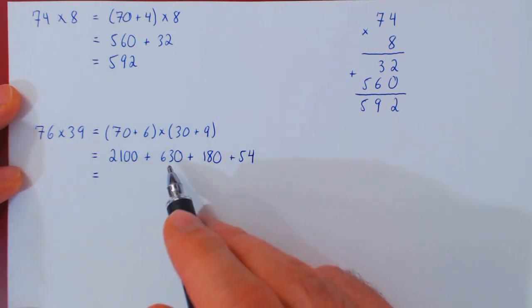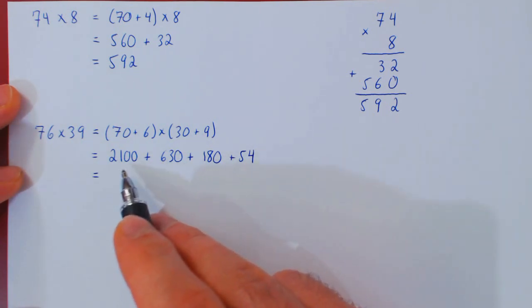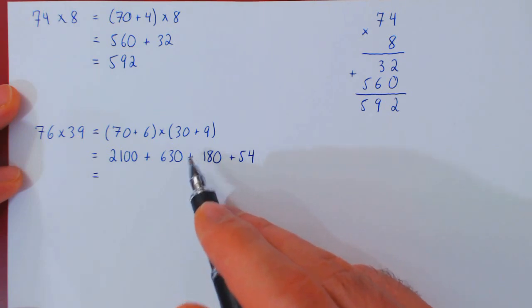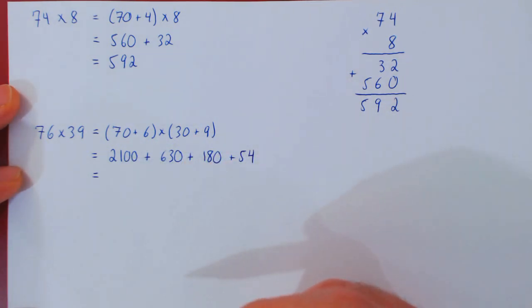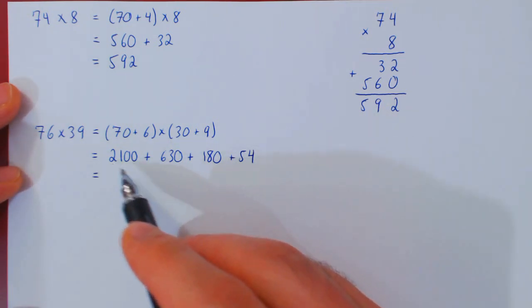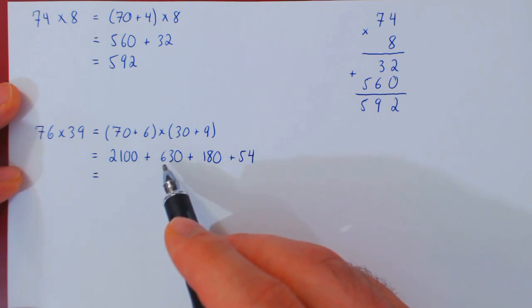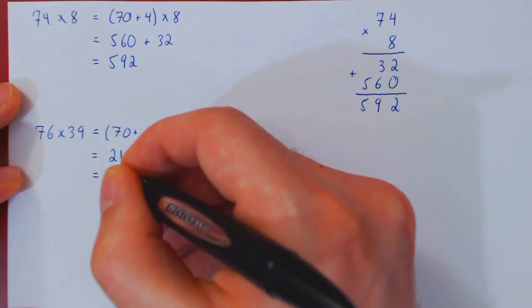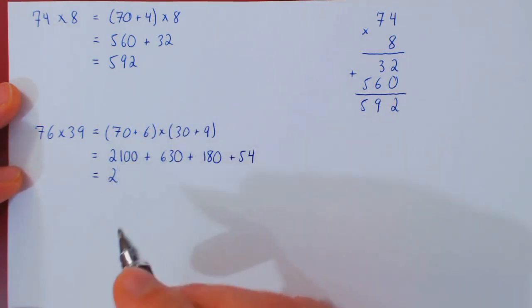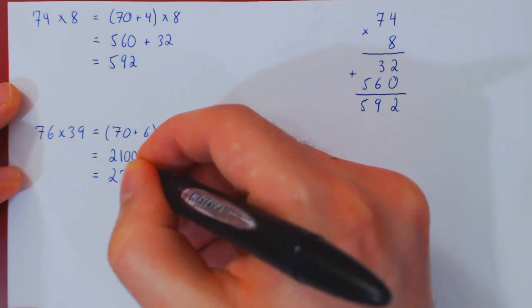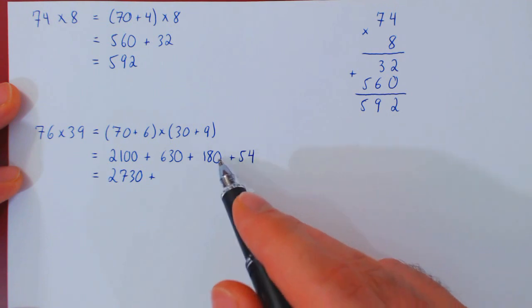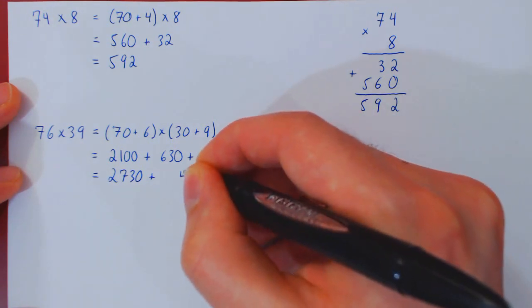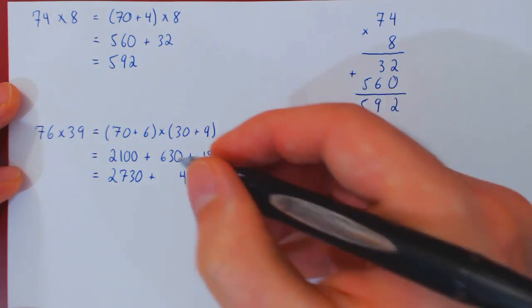So if we add those two up, and again you see already this is a little clumsy because it's better to add integers when they're stacked in a vertical column. Now they're on the same row. So let's try to add up, say, these two first. So we have 2,730 plus, and if we add these two up, well, a 4 plus a 0 gives us a 4. 5 plus 8 is 13.